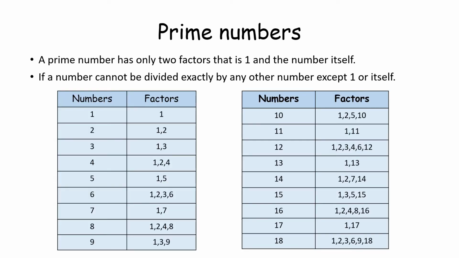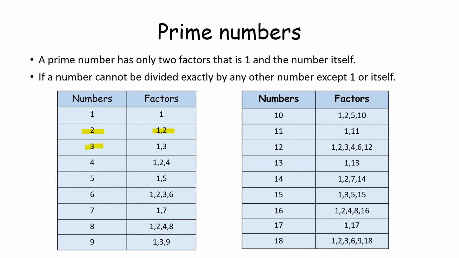Okay, so here are some numbers and I have written their factors as well. Now let's see which numbers have only two factors. If you look at 2, see, 2 has only two factors, which is 1 and the number itself, that is 2.